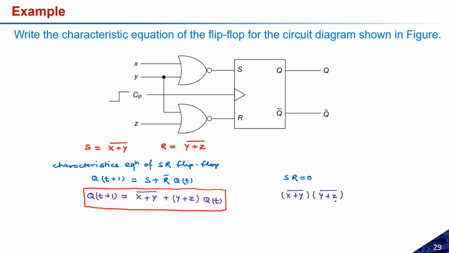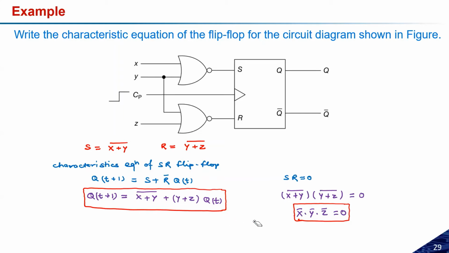Now I have to apply one law here. If you simplify it, you will get X bar into Y bar Z bar equal to 0. So this is the second equation that I have to get. I have to apply some Boolean algebra laws to simplify it, and you will get X bar dot Y bar dot Z bar. So this is how the characteristic equation of the given circuit will look.